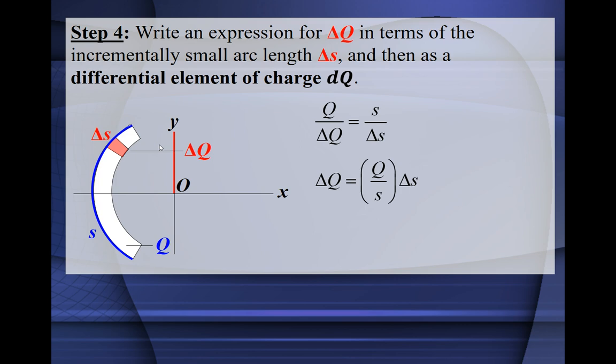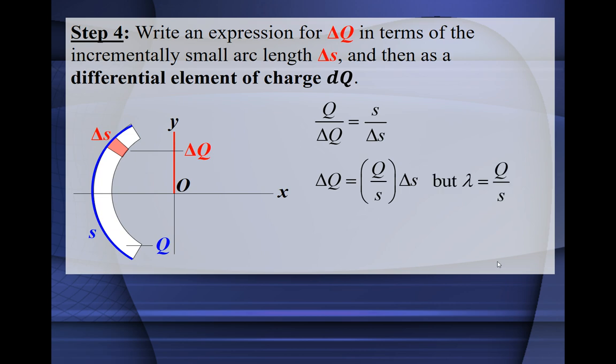Well, we can rewrite Q divided by S in terms of a variable that's given in the problem. This would technically be the linear charge density, because if you were to take that arc and straighten it out, you could make it into a straight line. So we can represent that with a linear charge density.